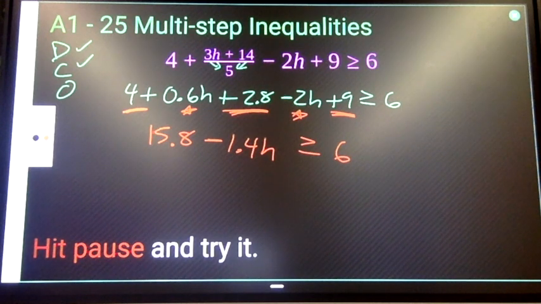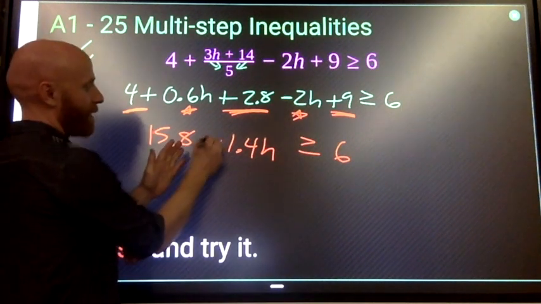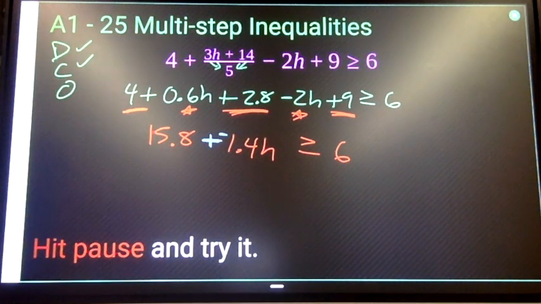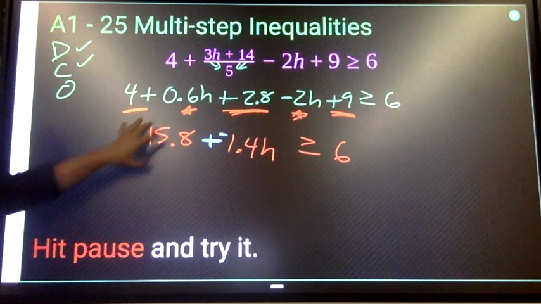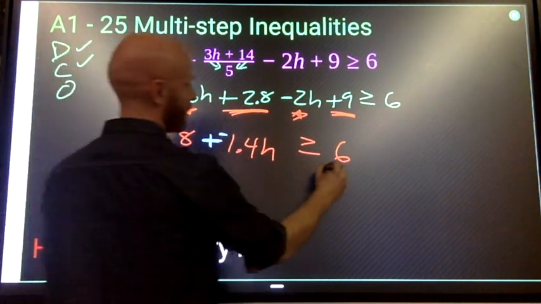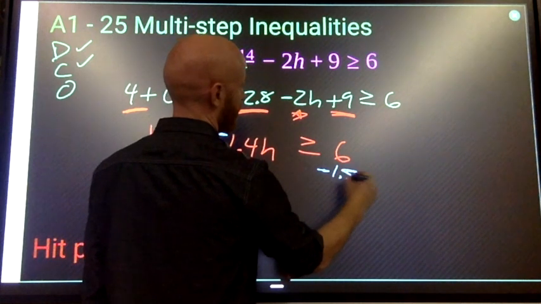Opposite operations. Again, we've got this minus variable situation. Let's change it to a plus negative so we don't get confused. How do I get rid of a positive 15.8? Subtract 15.8, both sides.